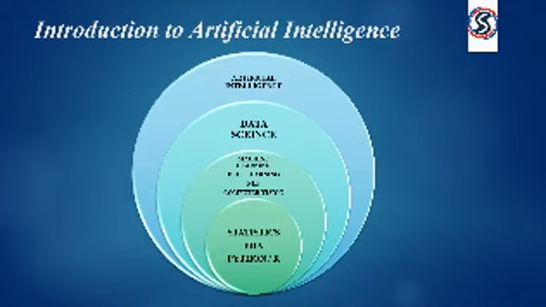As the name suggests, artificial and intelligence, that means it is human-made, with the full coverage of intelligence, ready to create a new revolution in the world by making intelligent machines.